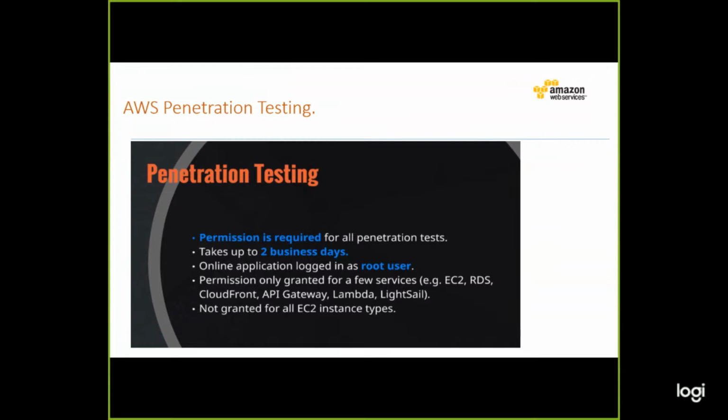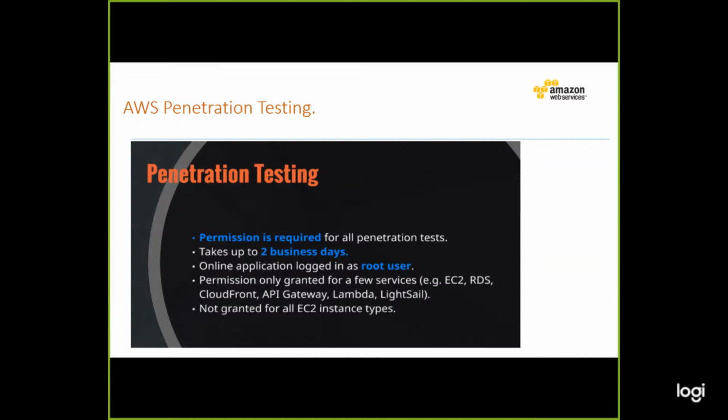Now, you need to have permission from AWS before you run the test, because it will be considered an attack and will block your account. It takes 2 business days to get that permission. It's an online application which you log in to as the root user. You can do it with your IAM users.